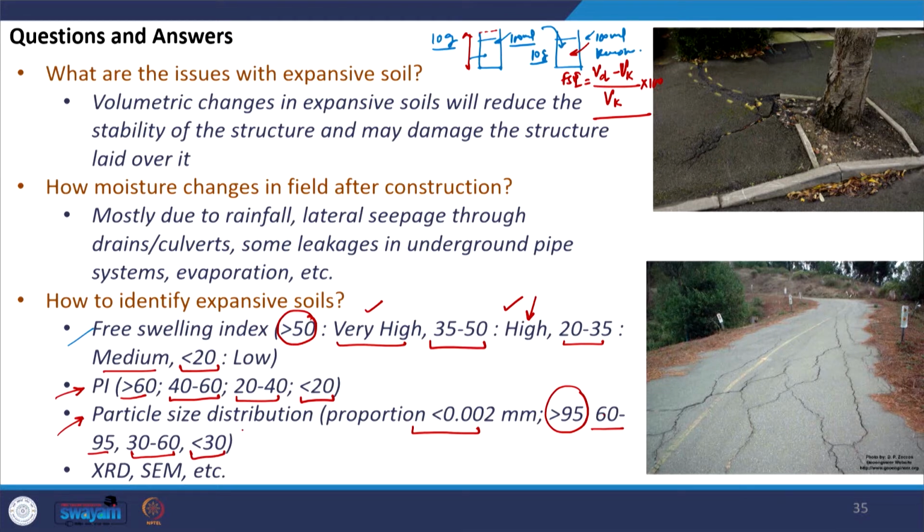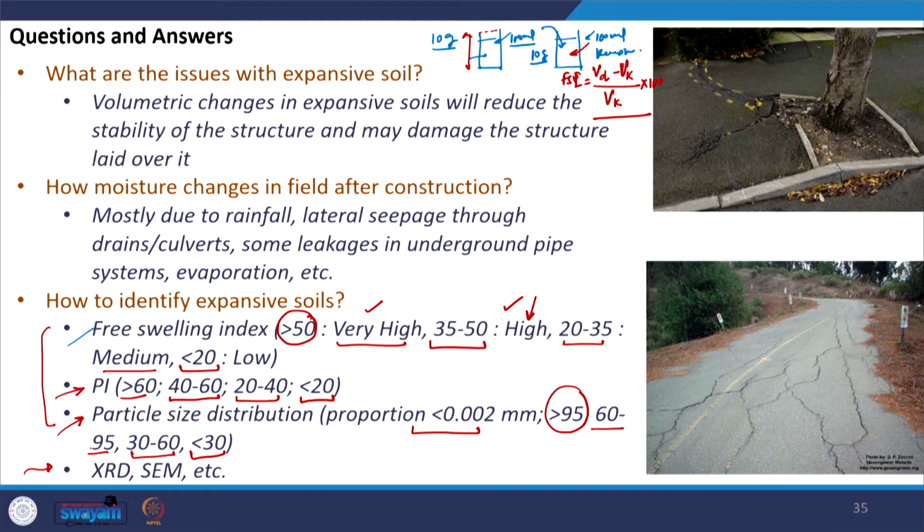Again, these are some physical tests which can be done on the sample to assess whether the soil is expansive or not. There are other tests on the microscopic level which can be done in the laboratory. It is more of a chemical form of analysis, looking at the spectrum of the data, and that will tell us which type of minerals are present in the soil, and looking at the presence of minerals we can know whether it is an expansive soil or not.